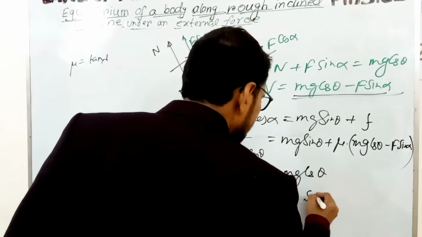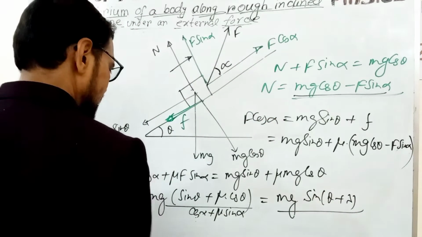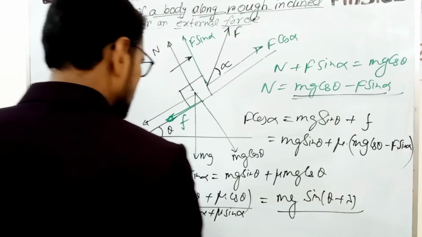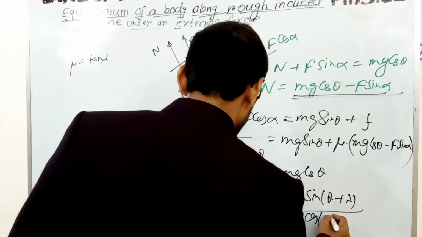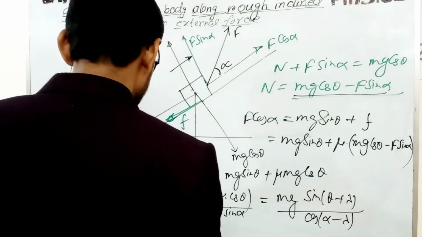So this is sin theta plus lambda divided by cos alpha minus lambda, using cos A cos B plus sin A sin B is cos(A minus B). So this is the result.